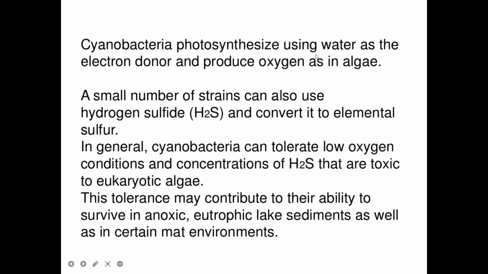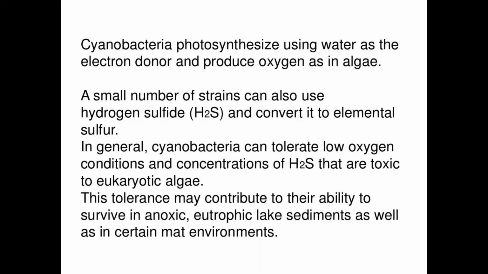And cyanobacteria photosynthesize using water as electron donor and produce oxygen. As we have seen in the equation, water reacts with carbon dioxide, and we get oxygen as the end product. A small number of strains can also use H2S and convert it into elemental sulfur. This reaction also we have seen, where oxygen is not released. In general, cyanobacteria can tolerate low oxygen conditions and concentrations of H2S that are toxic to eukaryotic algae.